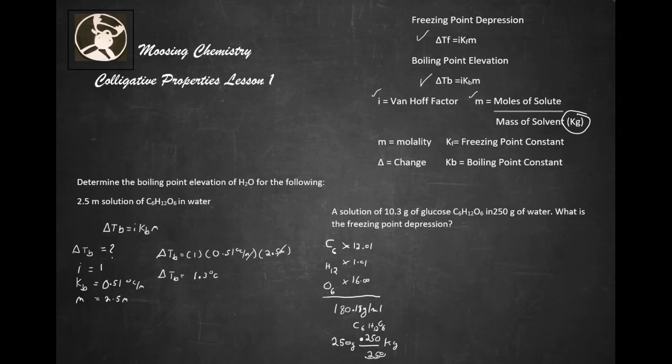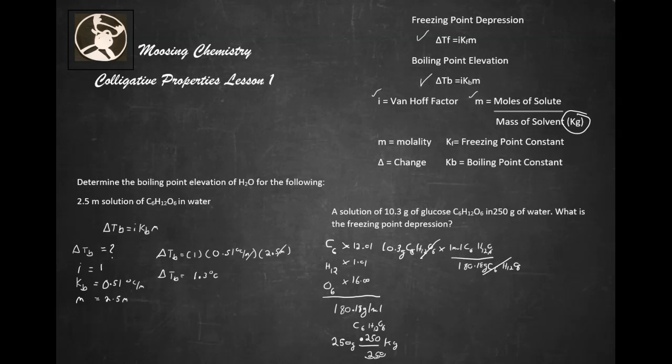All right, so we're going to go and figure things out here. We're going to take 10.3 grams of C6H12O6 times 1 mole of C6H12O6 divided by 180.18 grams of C6H12O6.